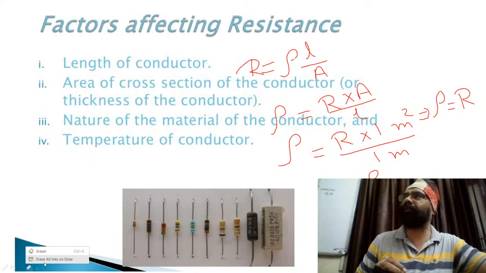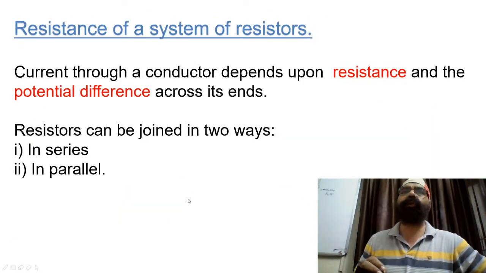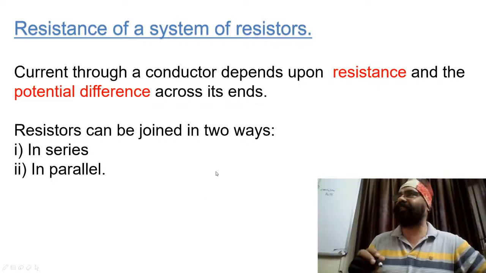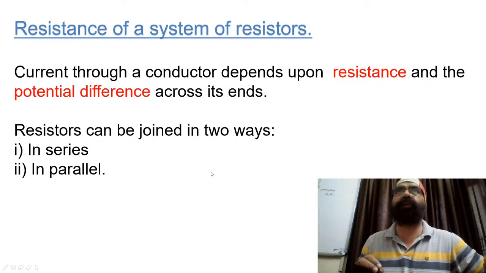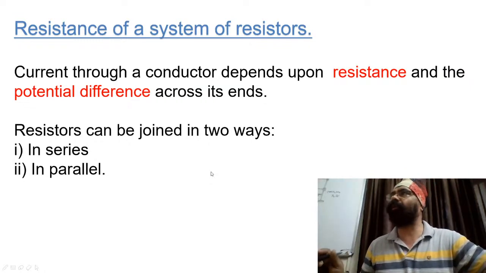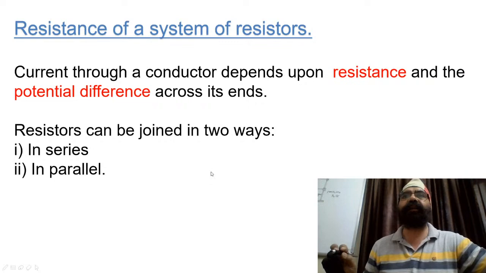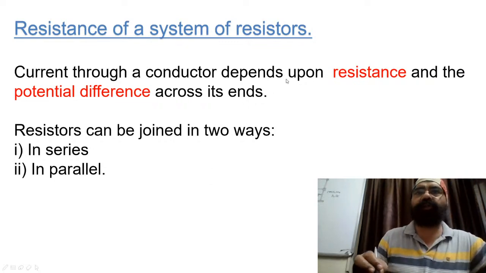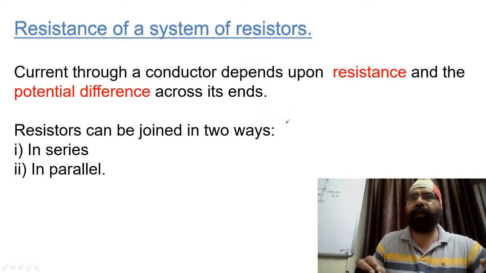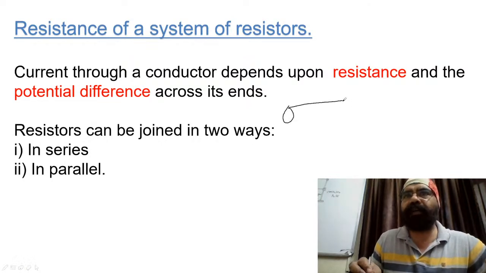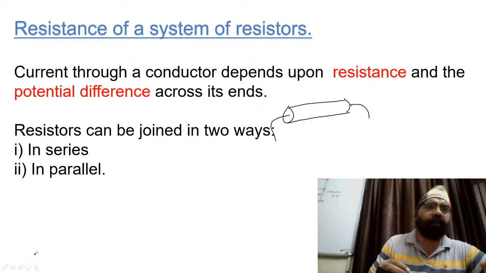Just a minute, let it come on the screen. Now we go to combinations of resistors. If you look at the panel of your computer, the motherboard, or your TV, then you will see many small cylindrical things like this, with wire sticking out from both sides.